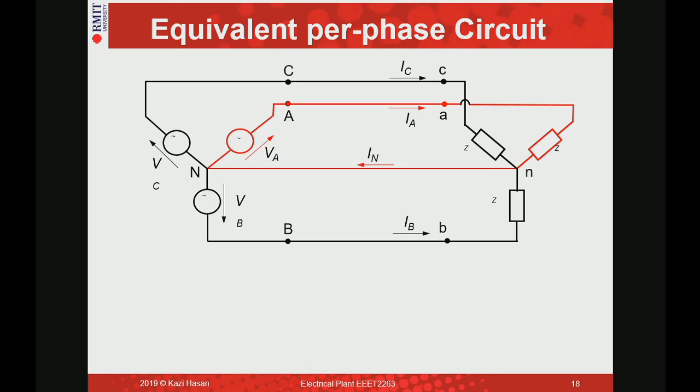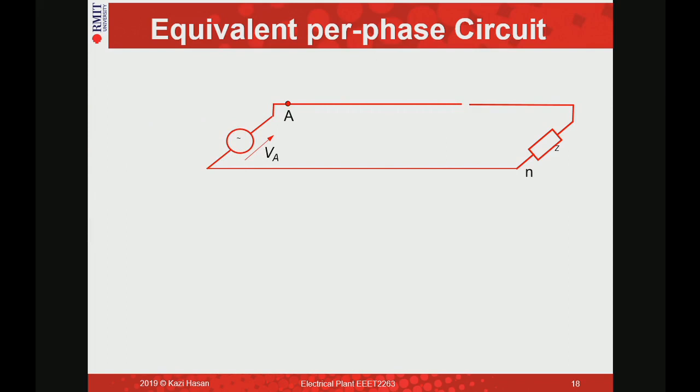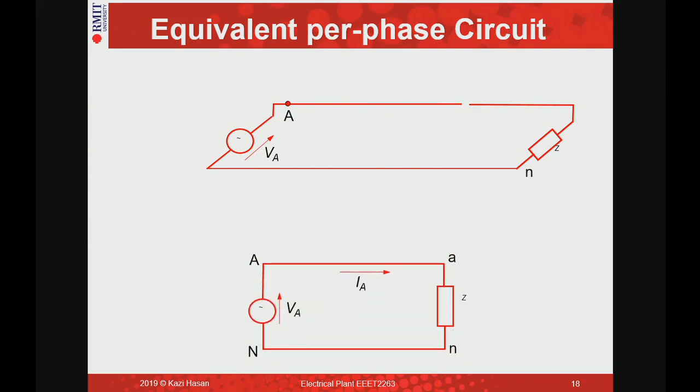So this is a three-phase circuit and there is a neutral wire connected there. If you solve this circuit for phase A, that will be true for the other phases as well, because all are balanced and all are the same. So sometimes a three-phase system is represented in a per phase equivalent circuit like this, and this is nothing but what we have seen in our single-phase system. So a three-phase system can be studied as a single-phase system as well, provided that it is balanced.